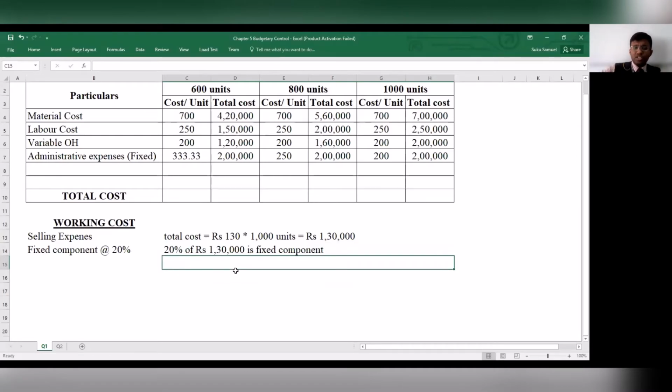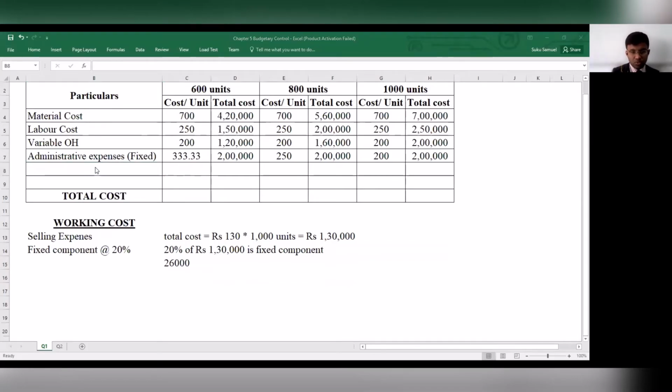Now 20% of 1 lakh is how much? This will be 26,000. Okay, so rupees 26,000 is fixed.